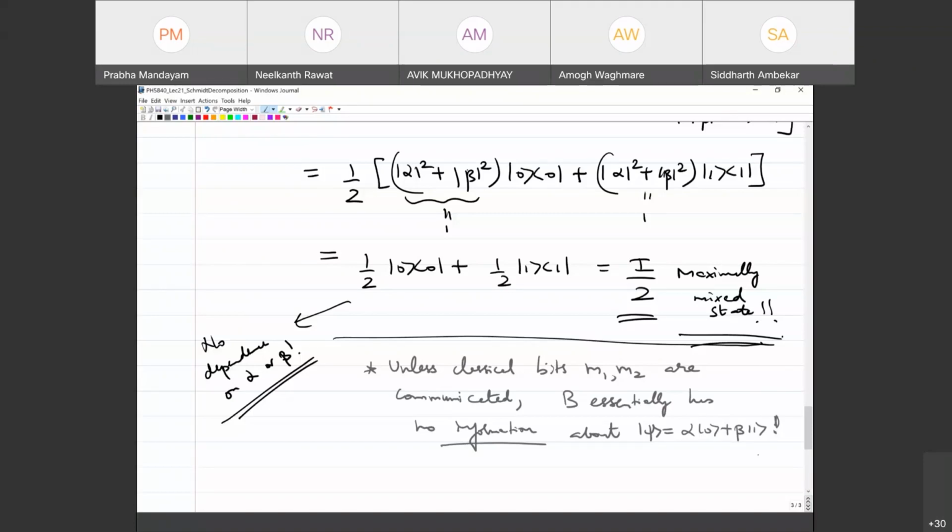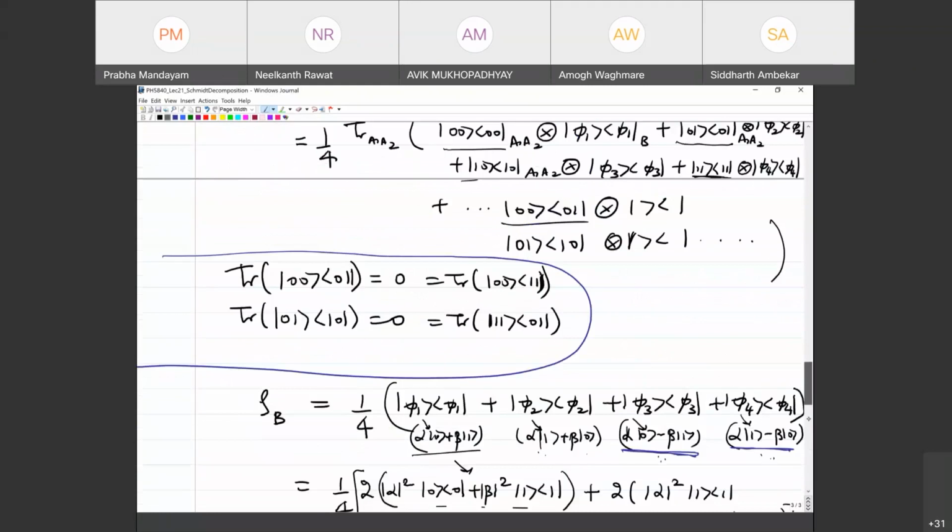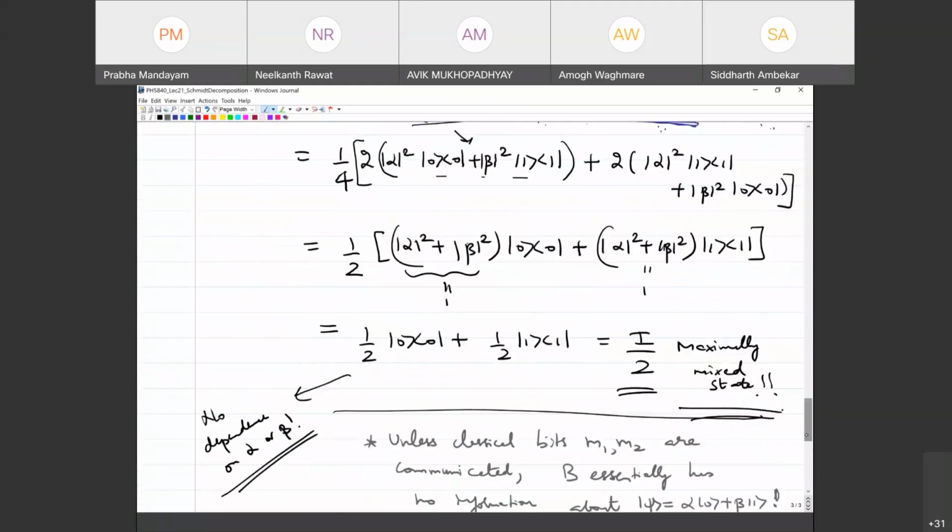Because without the communication of these classical bits, B is in a completely mixed state, right? So there is really no information transfer that has happened until this classical communication has happened, and this classical communication is indeed very much bounded by the speed of light, right?